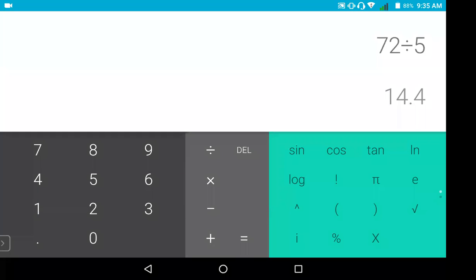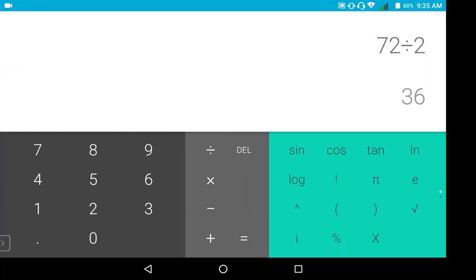You cannot divide 72 by 5. Then 4: 18 into 4, 18 4s are 72. That's one more factor. Divide by 3, you get 24. 24 into 3 is also 72. Then 2: 36 into 2 is also 72.